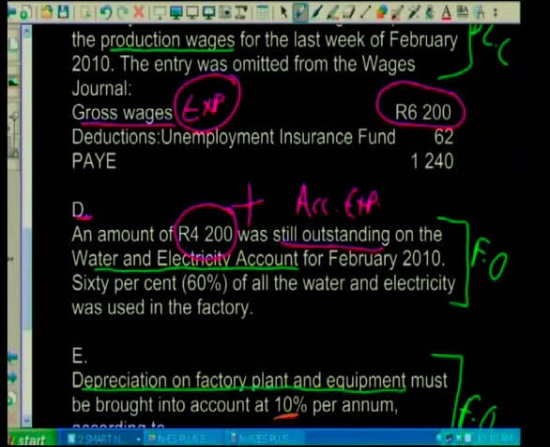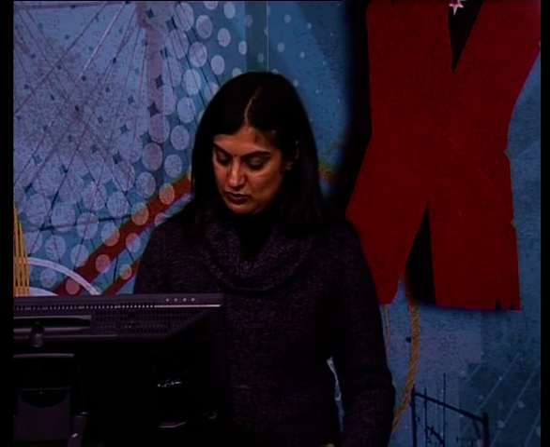And remember, I'm trying to calculate what was used by the factory itself. So what I'm going to do with this adjustment, guys, I'm going to first add on my 4,200, and then I'm going to calculate 60% on that total to take it to my factory overheads as my expense for water and electricity. So let's do that, and I'm going to use this bit of space here to do the calculation.